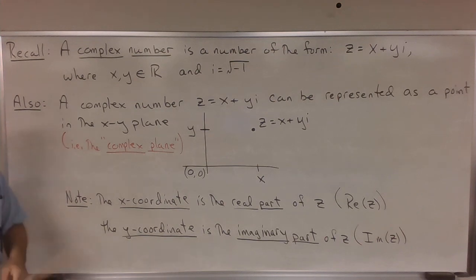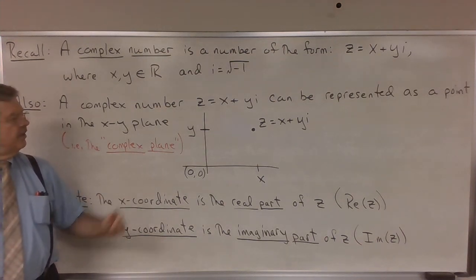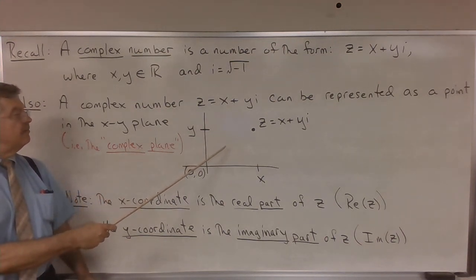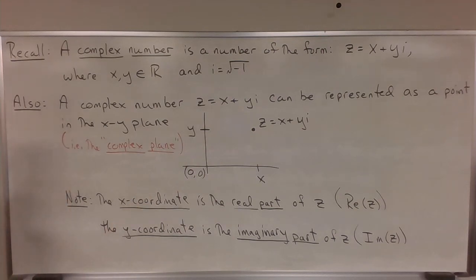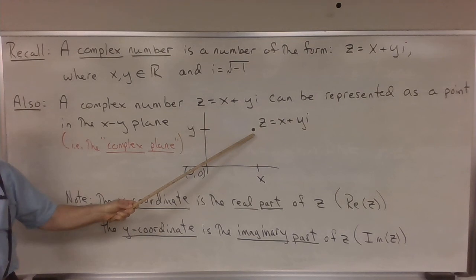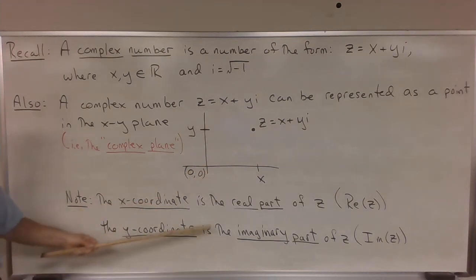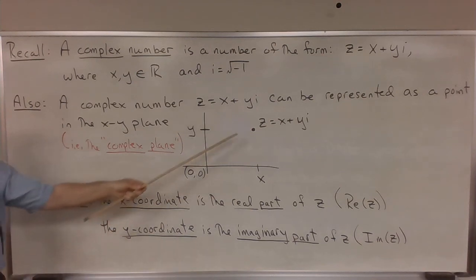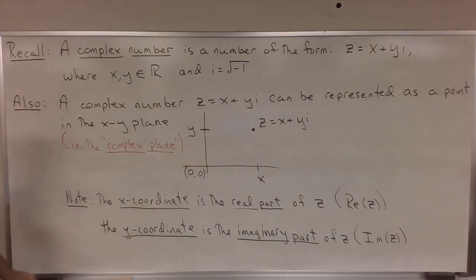When we're working with complex numbers, we call the xy plane the complex plane. And the x-coordinate of a complex number z is the real part of z. The y-coordinate of a complex number z is the imaginary part of z.